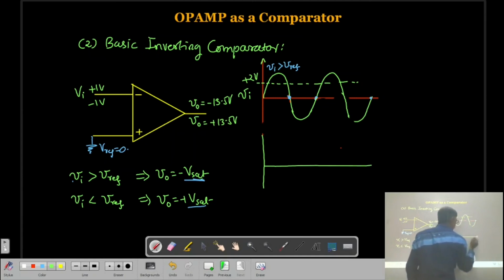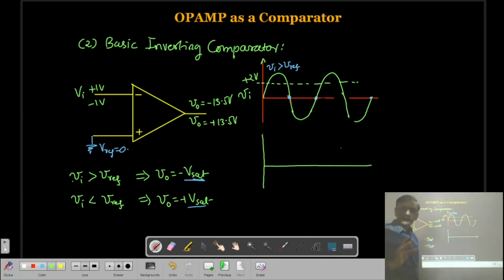So you can draw this waveform, and the same logic you have to apply. Whenever my input voltage is greater than the reference voltage, so here for all these points, the input voltage is greater than the reference voltage, we have minus V saturation.